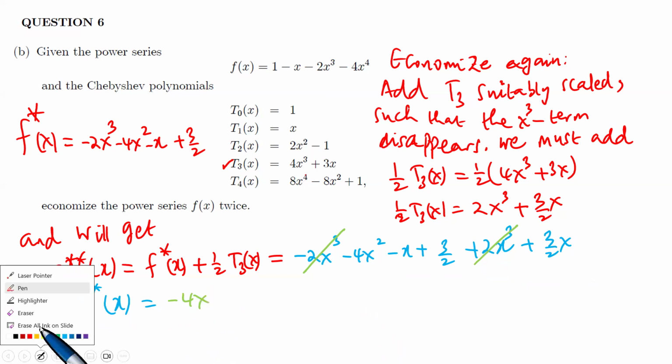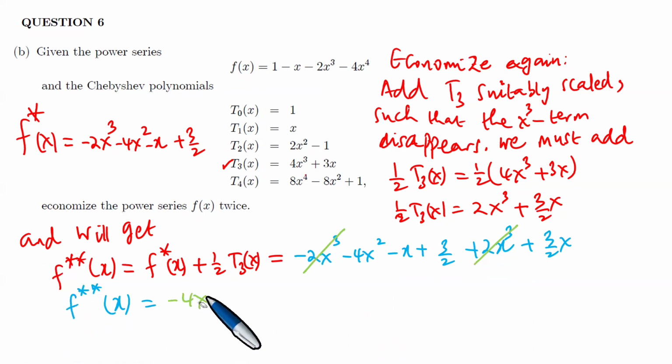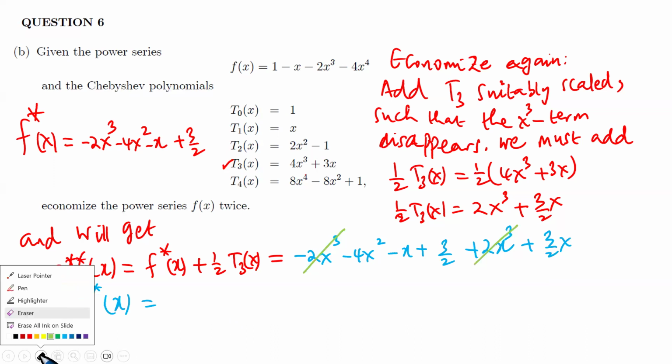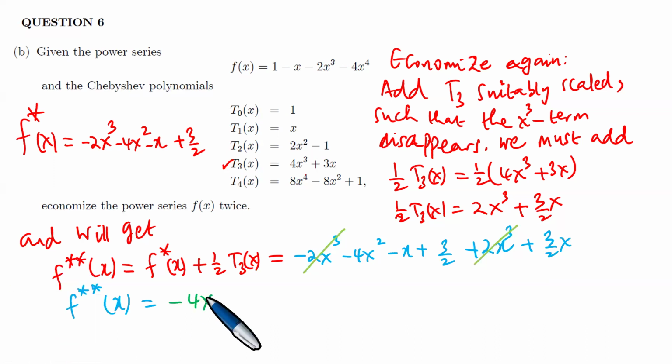Minus 4x squared. Right, so we have minus 4x squared. And then we're able to obtain the following. Minus 4x squared.